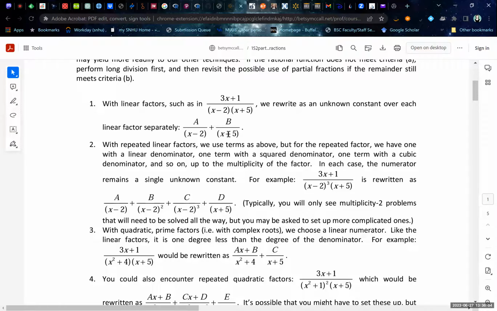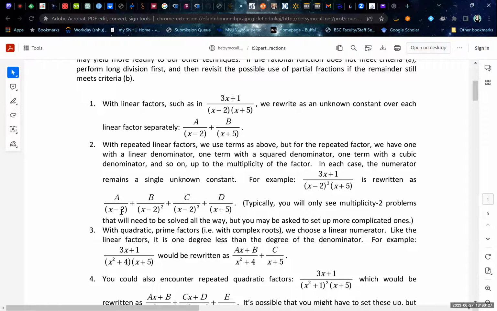Now, if your linear factors are repeated, so let's say for this example, we have x minus 2 cubed, then we would actually have to have one separate term for each power leading up to the number of repetitions we have in our denominator.